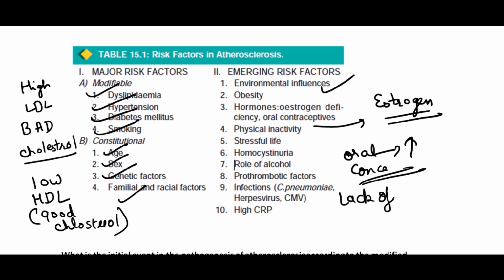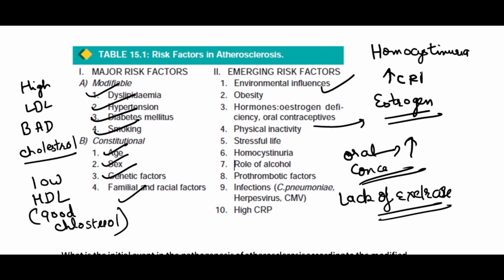Lack of exercise, stressful life, homocystinuria, alcohol, elevated levels of factors that promote the blood clotting, such as fibrinogen, increase the risk. Infections may contribute to inflammation and atherosclerosis. Elevated CRP may contribute to the higher risk of atherosclerosis.